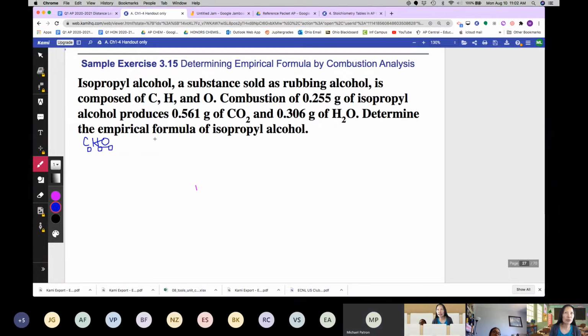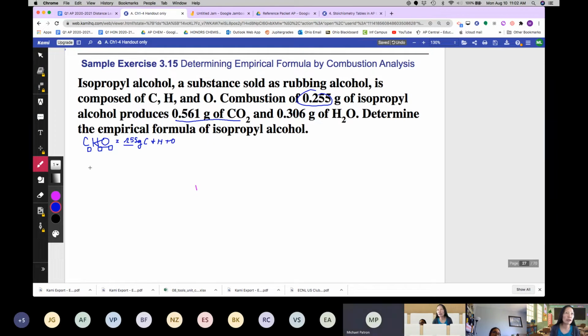And the way you did that is you burnt it, right? When you burnt it, you used 0.255 grams of that whole thing. So that is the mass of carbon, the mass of H, and all the O's you got, that's a total mass, 0.255. That's this number.